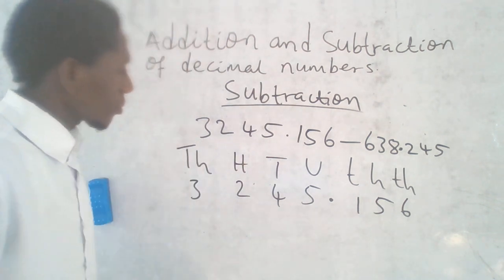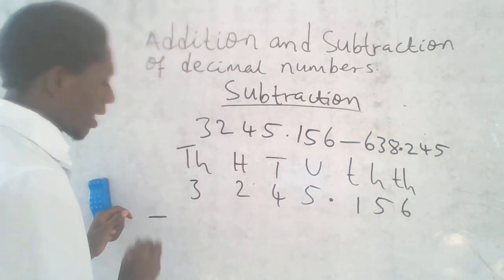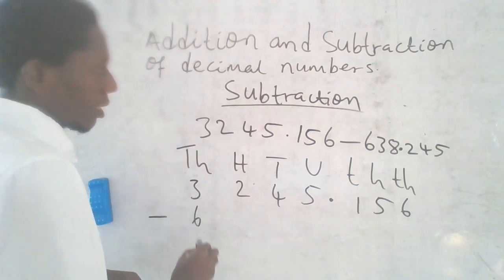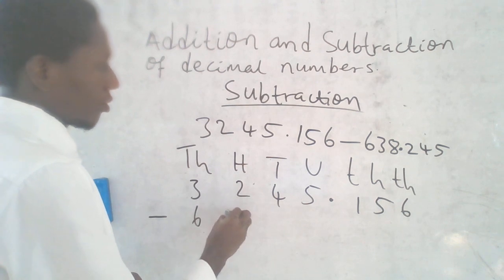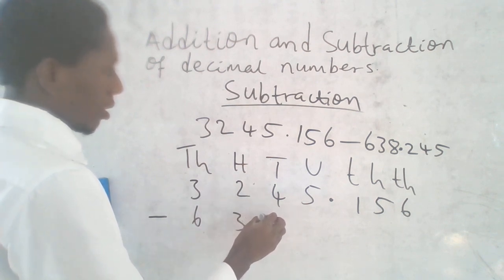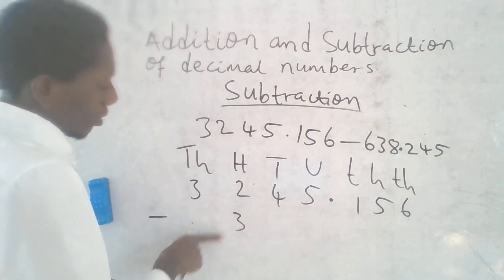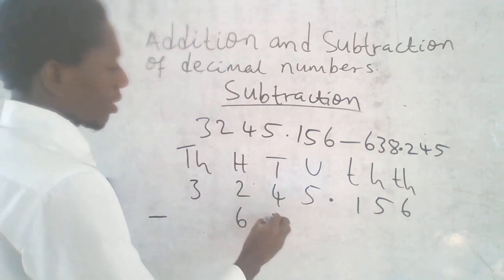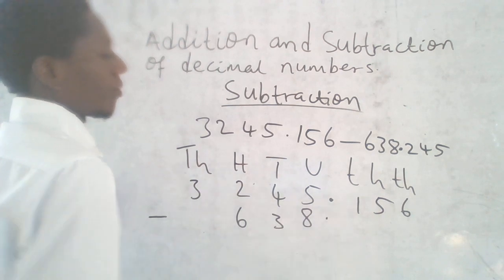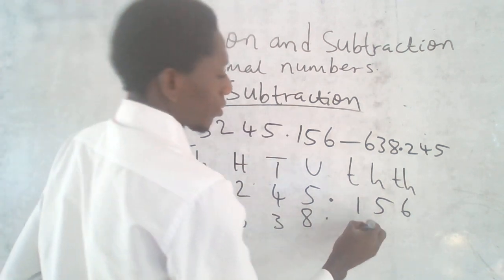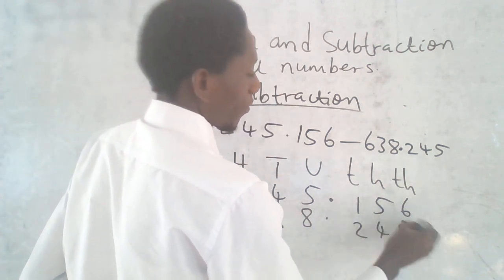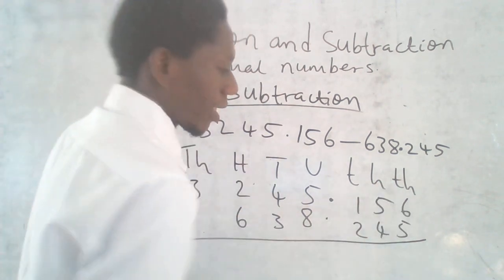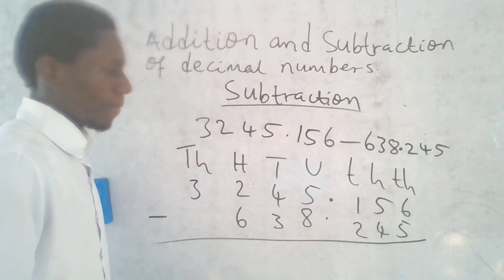All right, so you bring your minus sign, so you have 638.245. Okay, so now we will do normal subtraction.